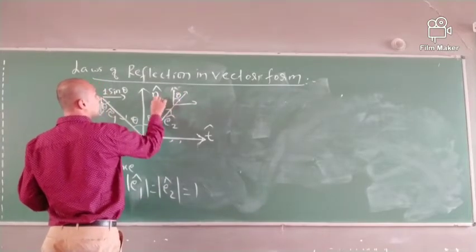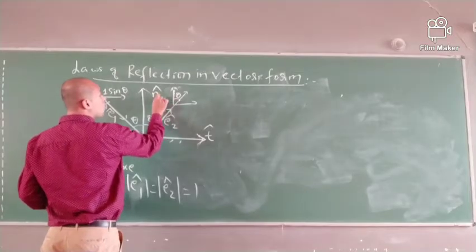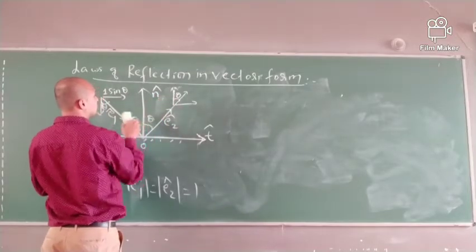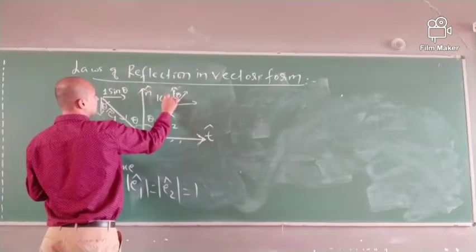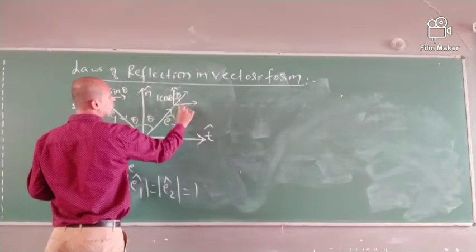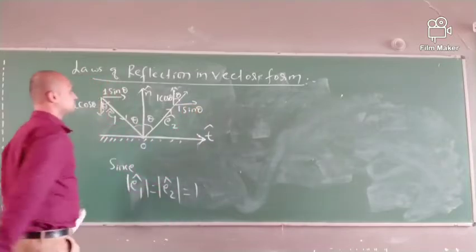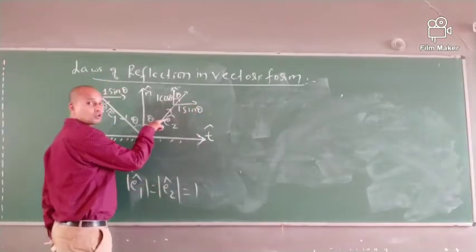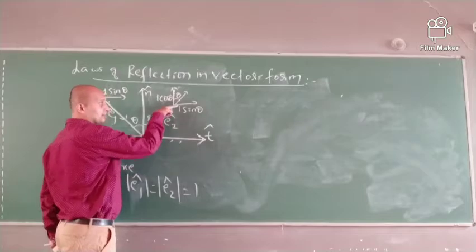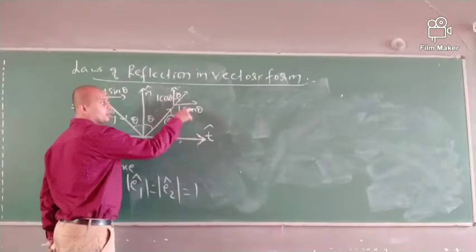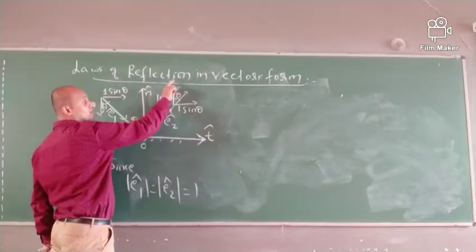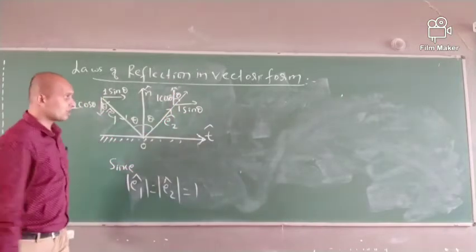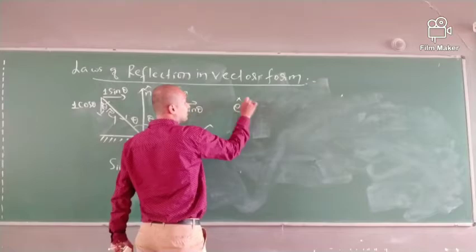This will become 1 cos theta, and this will become 1 sin theta. The component of the reflected ray along the plane of the mirror is 1 sin theta in magnitude, not direction, magnitude. Along this direction is 1 cos theta. So I can write E1 cap.